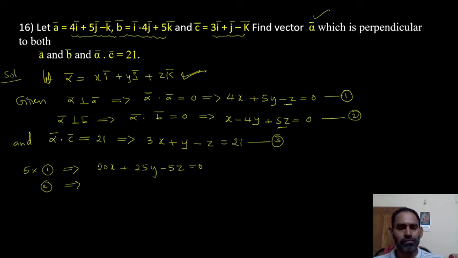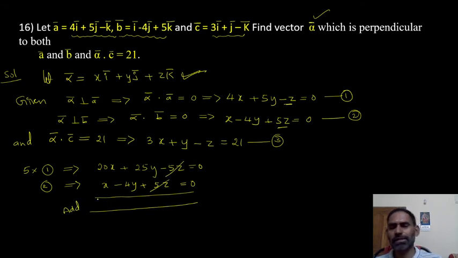Now equation number 2: x minus 4y plus 5z equal to 0. Adding. Plus 5z minus 5z gets cancelled. So this is 21x plus 21y, 25 minus 4, equal to 0. 21 is common. x plus y equal to 0.